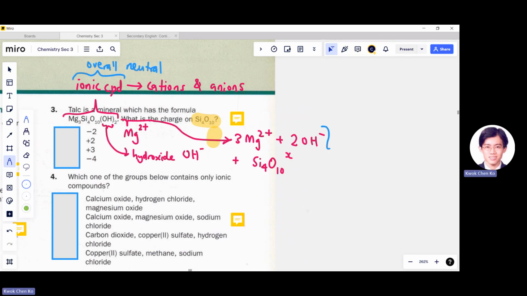Okay, so form your algebraic equation. 3 times plus 2 plus 2 times minus 1 plus x equals to 0. Okay, so 3 is from here, 2 is from there, plus 2 is from the charge, minus 1 is of course the charge.